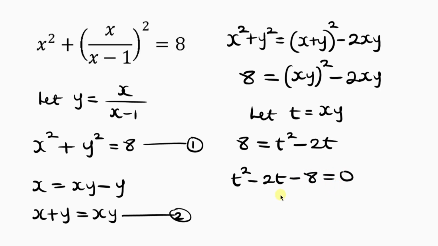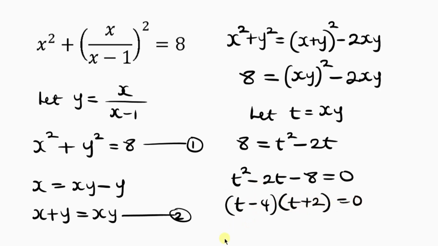Very good. So this is factorizable. Me looking at it, it is very factorizable. This means negative 4 times 2 will give me negative 8, and negative 4 plus 2 is going to give me negative 2. So negative 4 and 2 are factors. So this is going to be (t minus 4)(t plus 2) equal to 0.